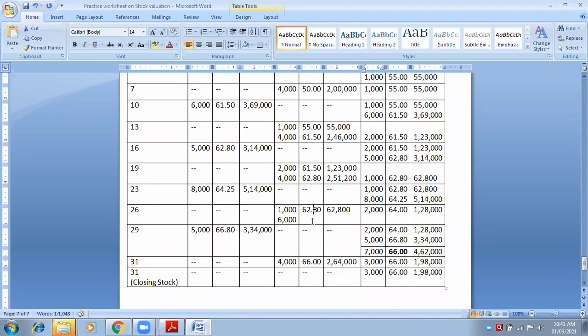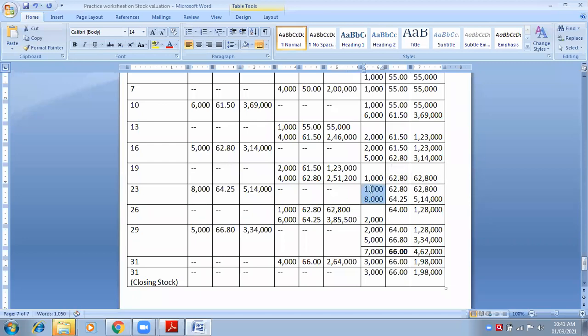8,000 minus 6,000. The balancing figure will be 2,000. Anyways, the rate of 8,000 is 64.25. So here for 6,000 we will take 64.25. Why 64.25? Because from 8,000 we have issued 6,000. Therefore, the rate of 8,000 will be taken for issuing 6,000 units. So what will be the amount? 6,000 into 64.25. How much will it be? 3,85,500.